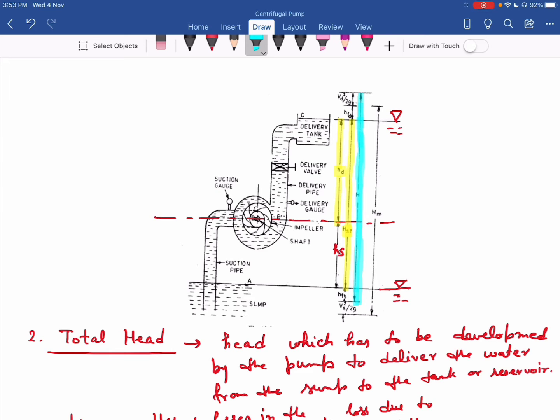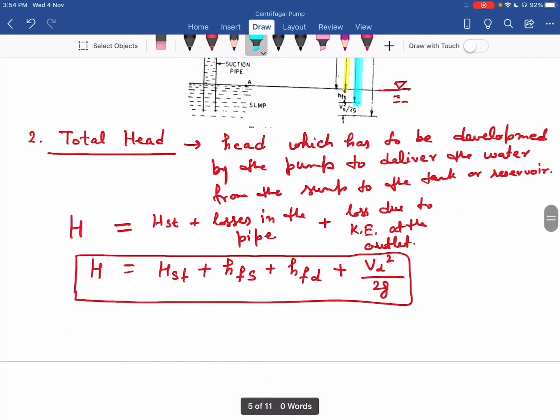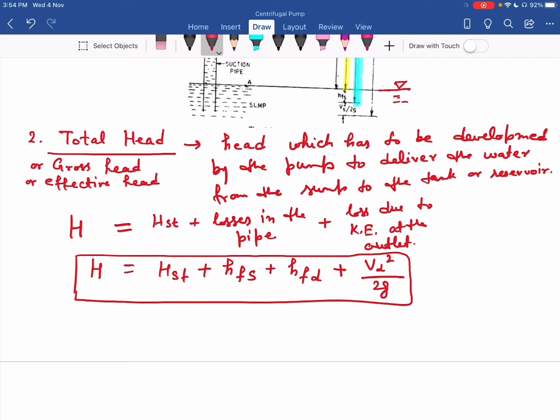Now this total head is also called gross head or effective head, or dynamic head. So these are the various names for total head.